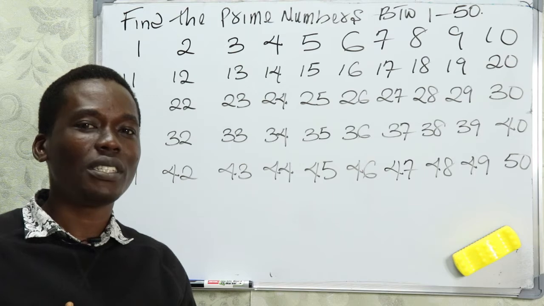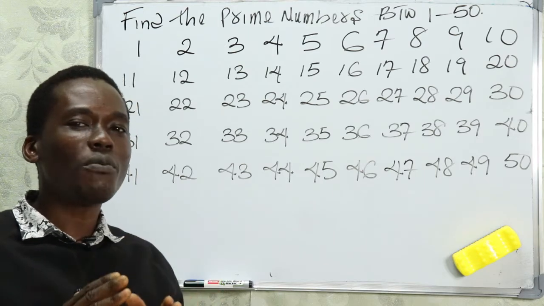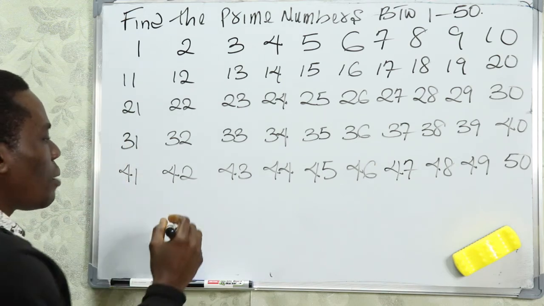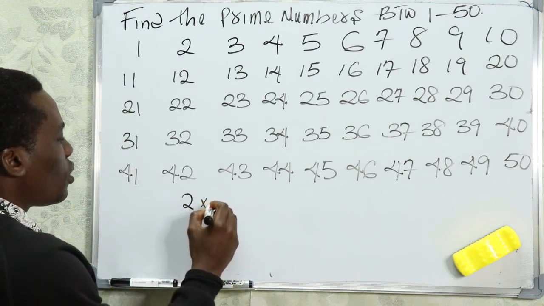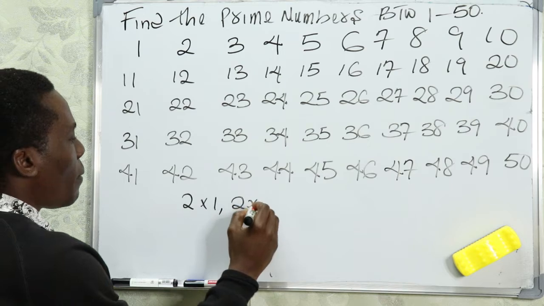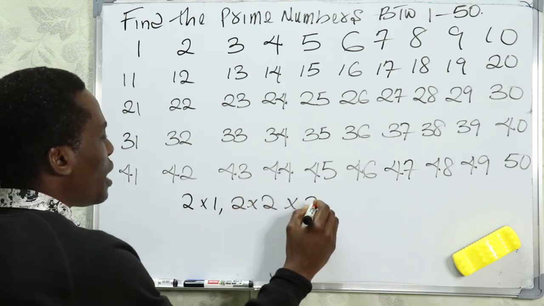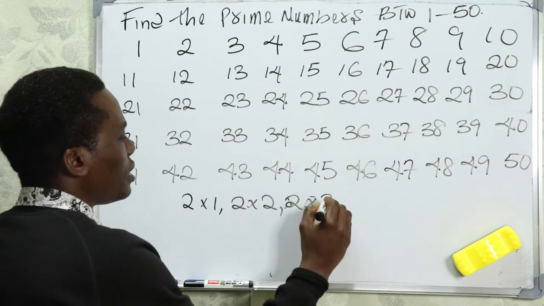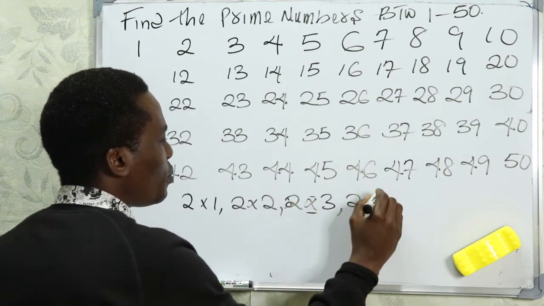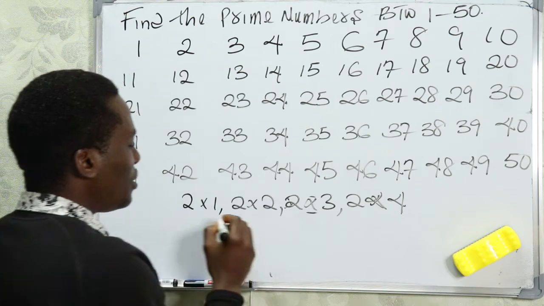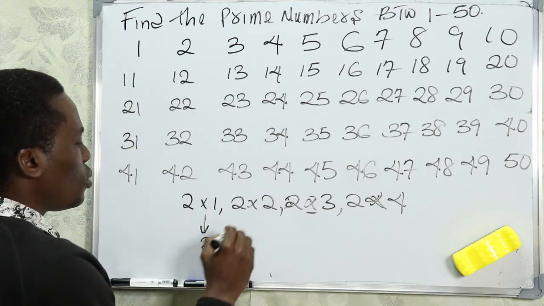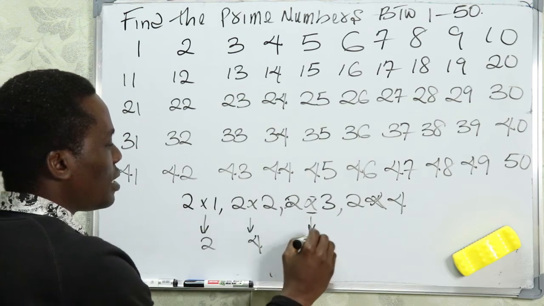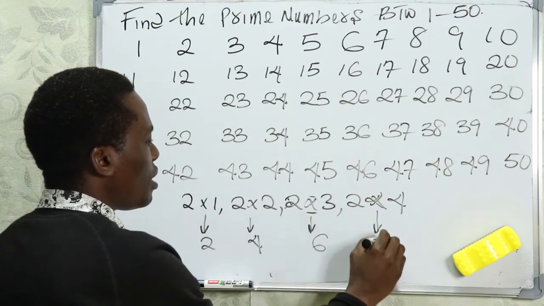If I'm looking for the multiples of 2, I can multiply 2 by 1, 2 by 2, 2 by 3, 2 by 4, and the results will give me 2, 4, 6, 8.